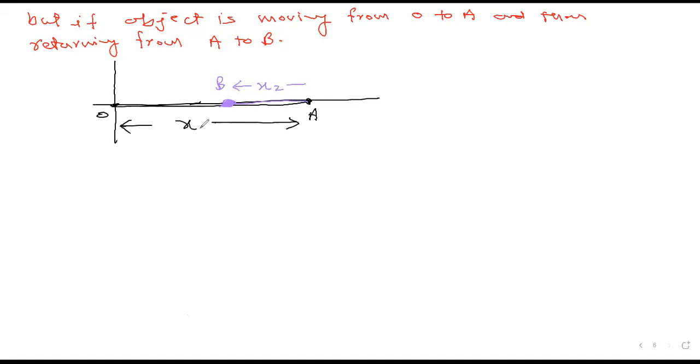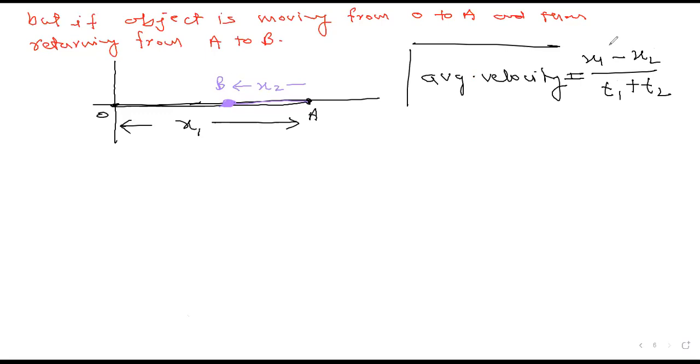Got it? So if you see, average velocity here is x1 minus x2 upon t1 plus t2. Got it? Is this clear?